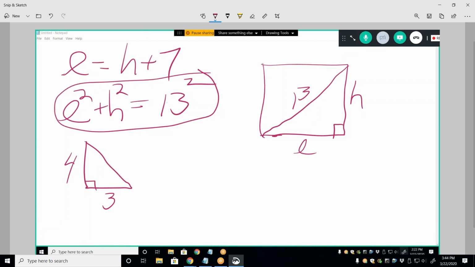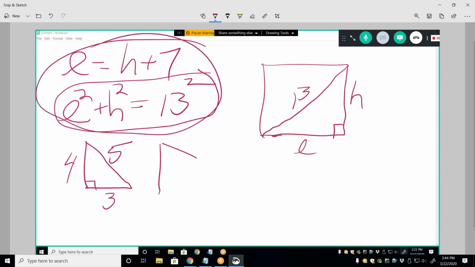I have no idea. You're not familiar with the 3, 4, 5 right triangle? Not in the slightest. You should be, because they will give you tons of these. In other words, they don't want you wasting all your time solving the Pythagorean theorem or even solving for those two equations. You should always remember these two.